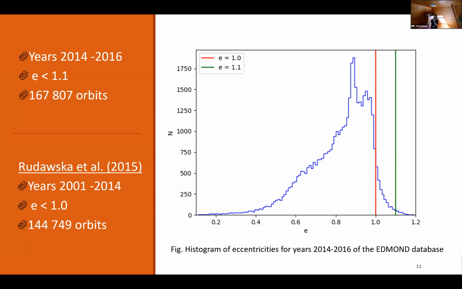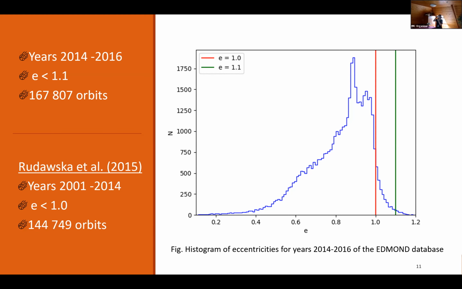And now to the data. I decided to use the years 2014 to 2016, and Rudavská et al. used 2001 to 2014, and they actually removed all of the hyperbolic orbits, but I decided to leave those with the eccentricity below 1.1.